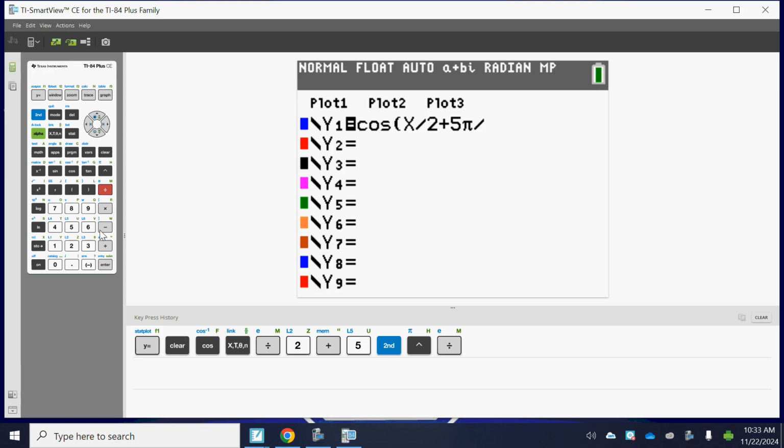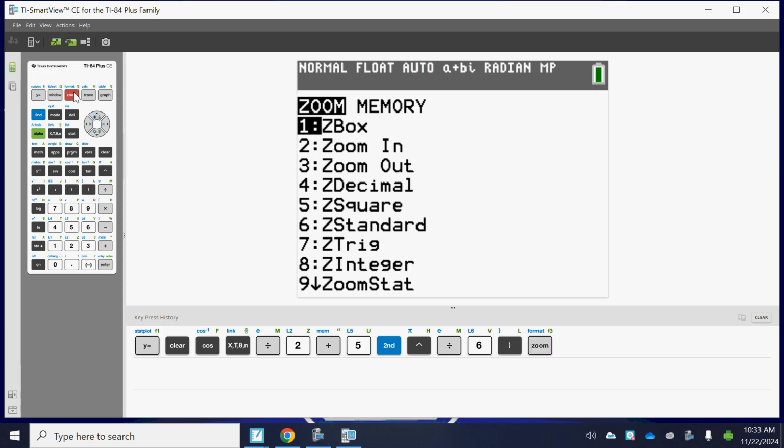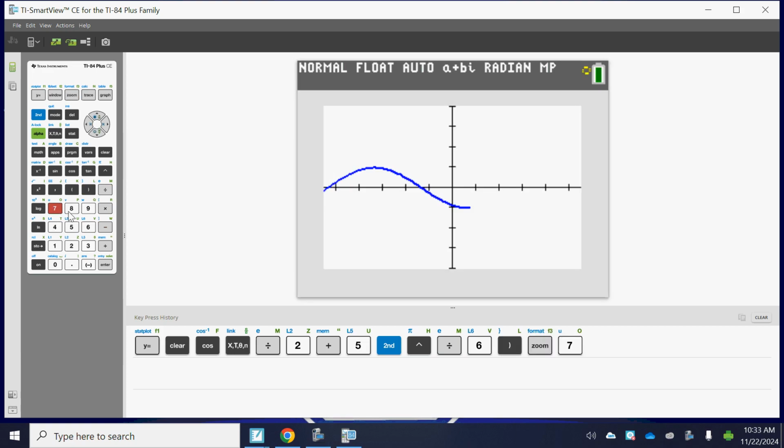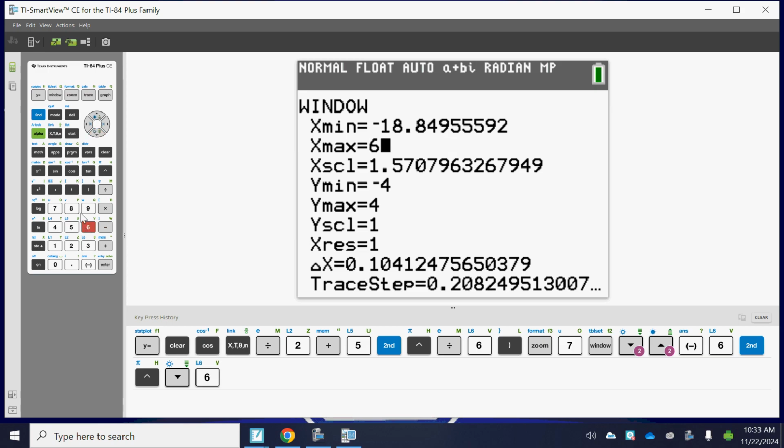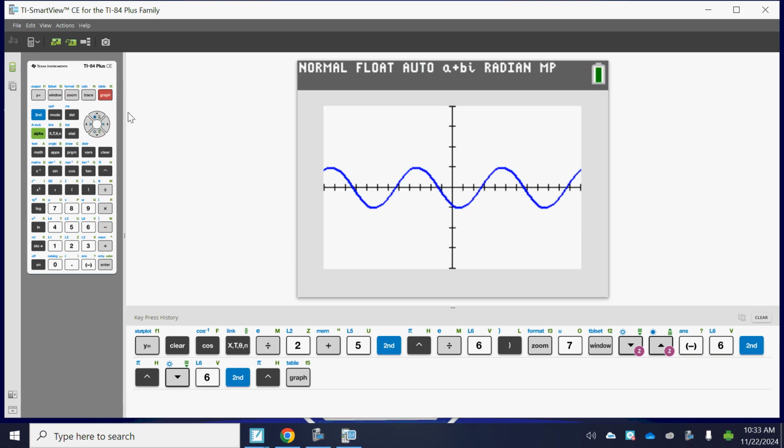I did it enough times, you'd think I would know. Let's zoom in on Zoom Trig. Not going to see much. Probably have to zoom out a little bit and change our window on the X. Let's go negative 6 pi to 6 pi. I'm just making that up. I don't know. A little more wavy, huh?